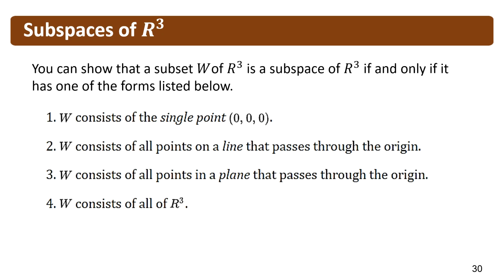So you can show that the subset W of R^3 is a subspace of R^3 if and only if it has one of the forms listed. You can take the value 0, 0, 0, or a single point. It can consist of all points on a line that passes through the origin. It can consist of all points in a plane that passes through the origin.